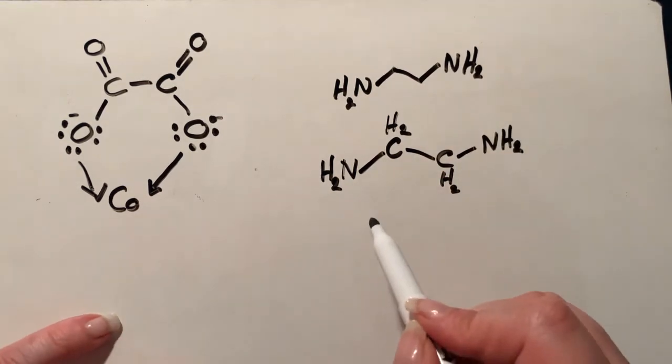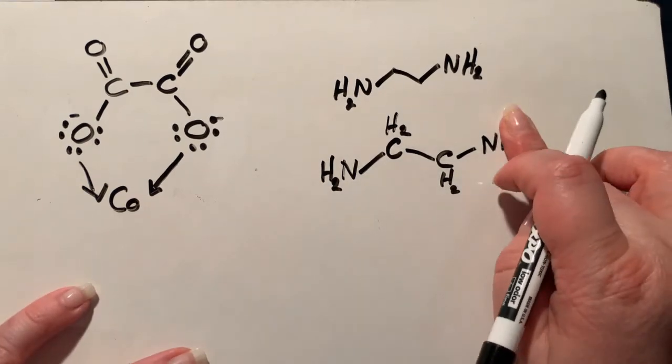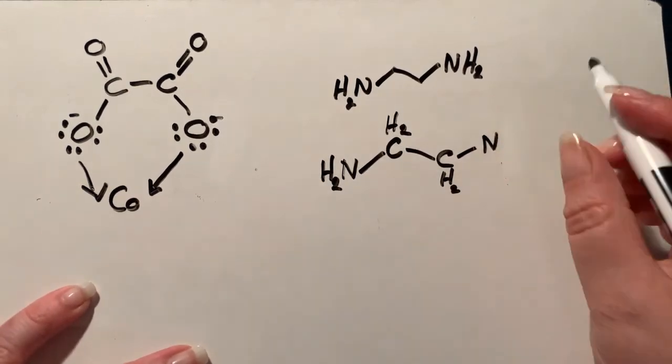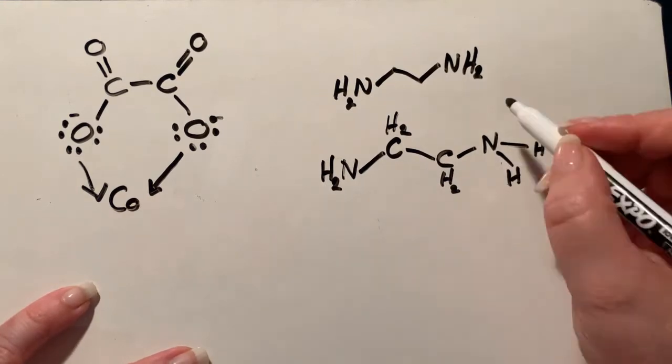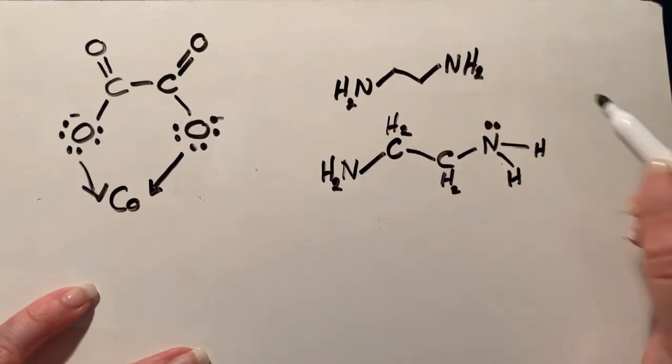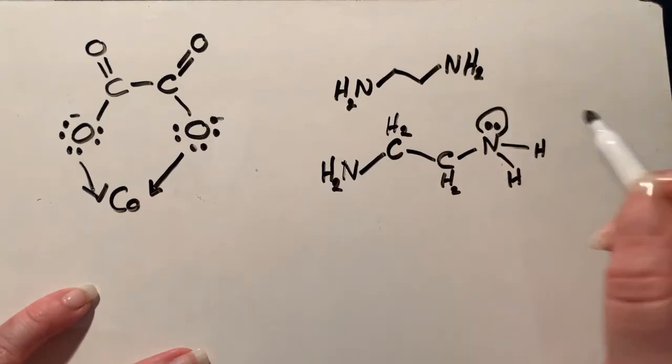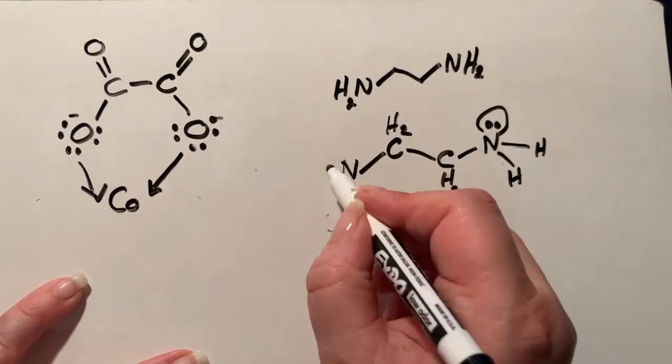But in this instance, if we move that slightly how we're drawing that and put our hydrogens on, you have this lone pair of electrons here, and the same at this side.